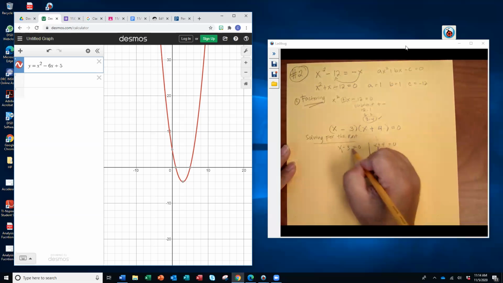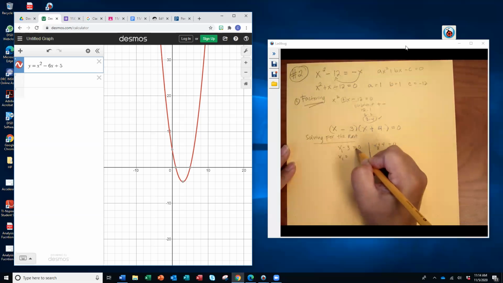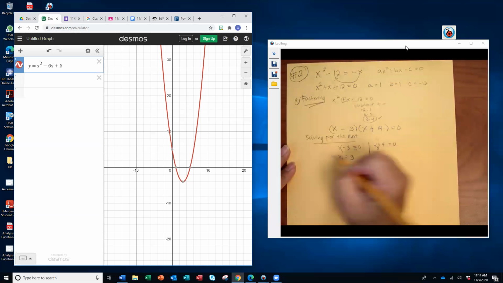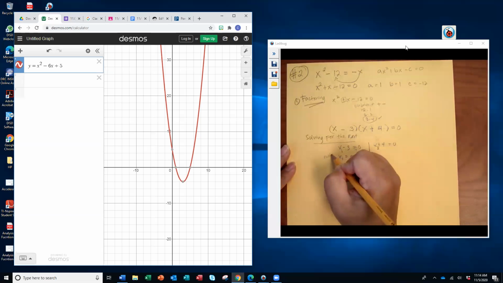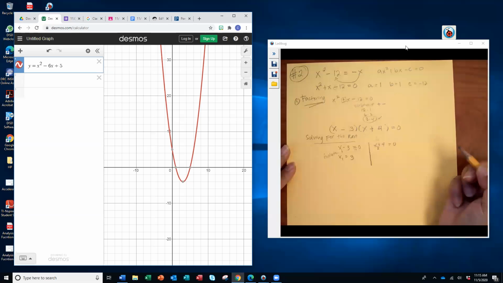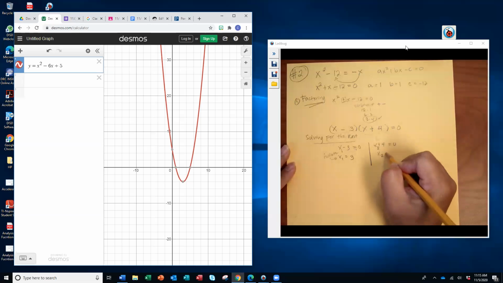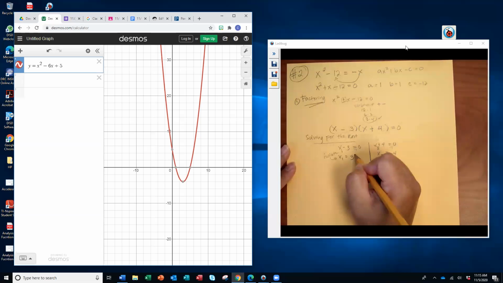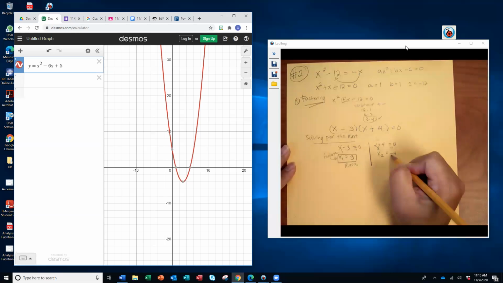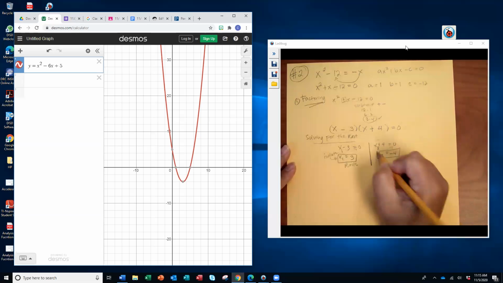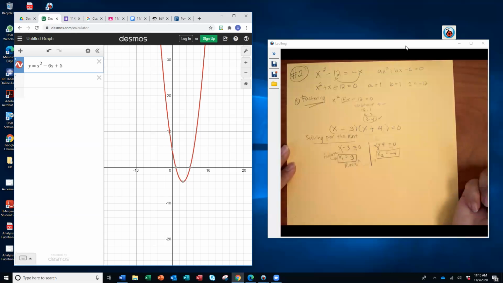After that, you solve these for x. Solving for x sub 1, switch that over there, it becomes a 3. You want to isolate the x variable. The same thing here, x sub 2 equals, you move that there, it becomes a minus 4. What this means is that these are your roots, these two.